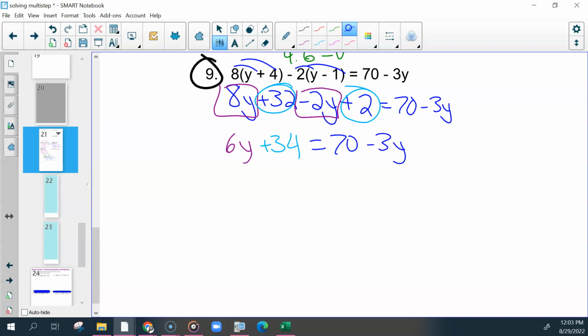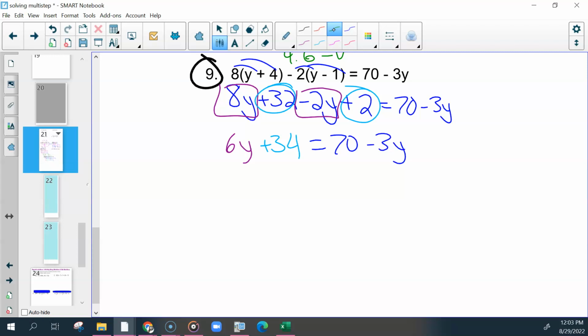Do we have to move any variables or constants to either side of the equal signs? I would say, unless they're already both over here, so I had both y's over here or both constants over here, that answer is always gonna be yes. I'm gonna say, let's move the 3y over here.